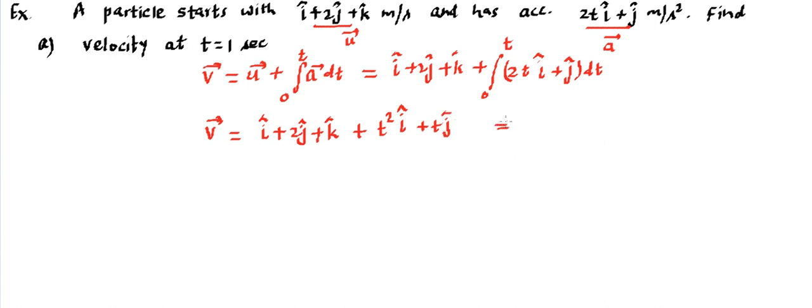Finally we got the velocity expression. That velocity expression is coming as 1 plus t square with i cap, and with j cap it's going to be 2 plus t, and k cap is coming as such.